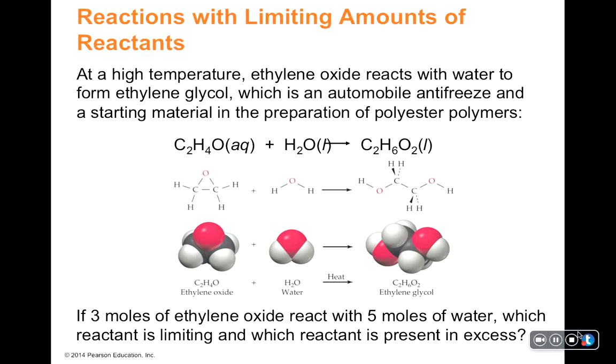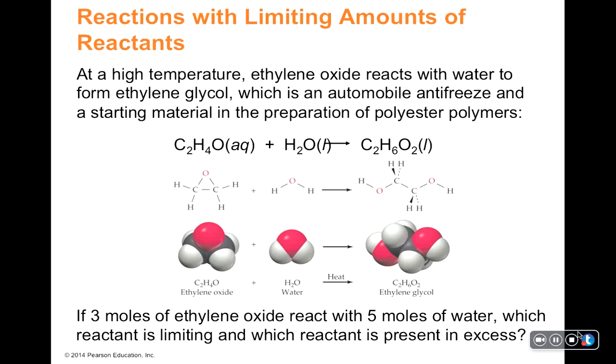So let's go through that. We have 2 carbon atoms on the left and 2 carbon atoms on the right. We have 4 plus 2, 6 hydrogen atoms on the left and 6 hydrogen atoms on the right. And then we have 2 oxygen atoms on the left and 2 oxygen atoms on the right. So this equation as written is balanced. So we can move on to the question.